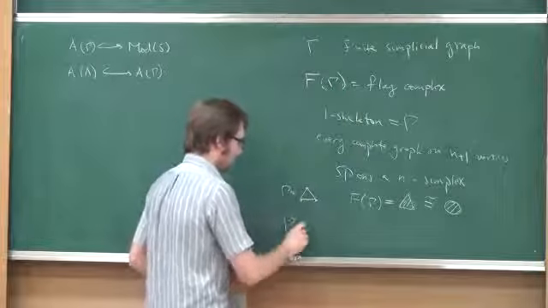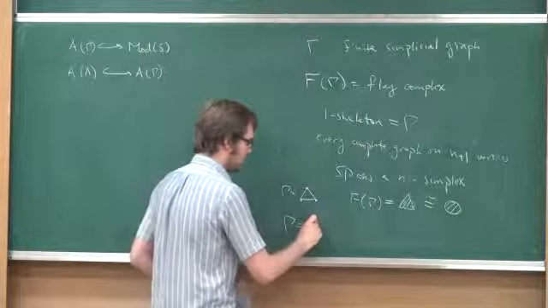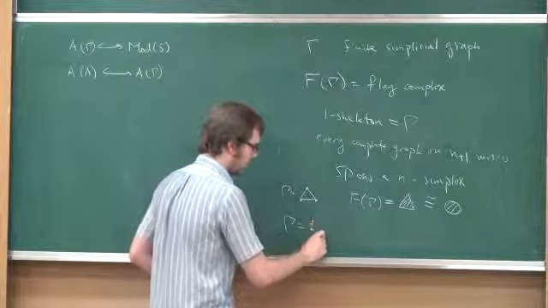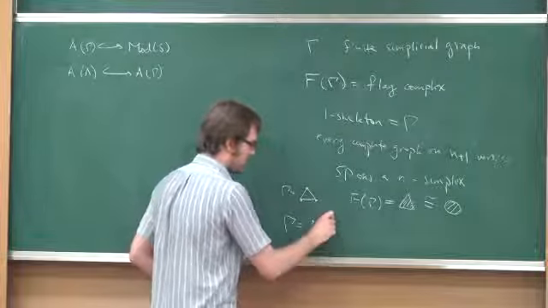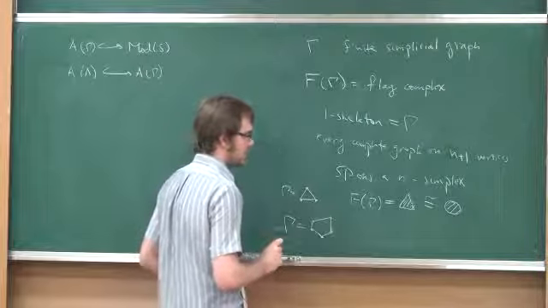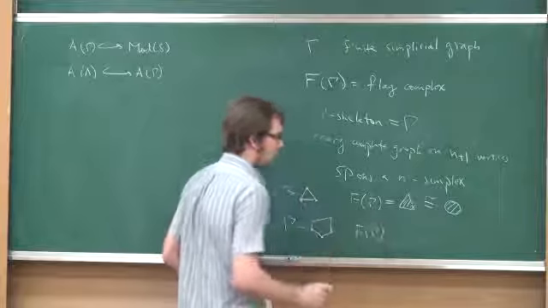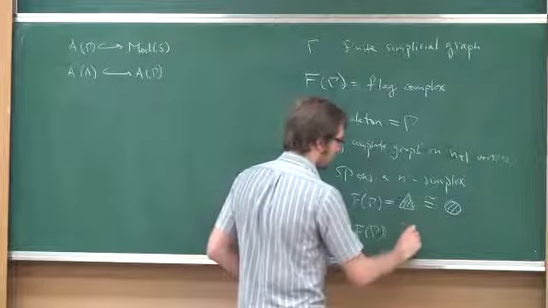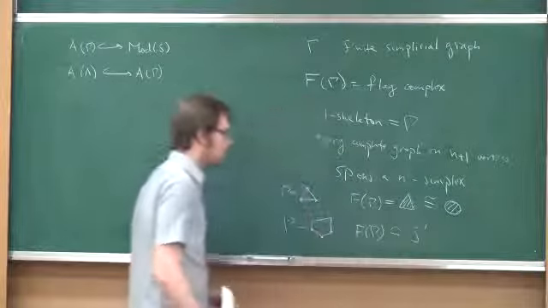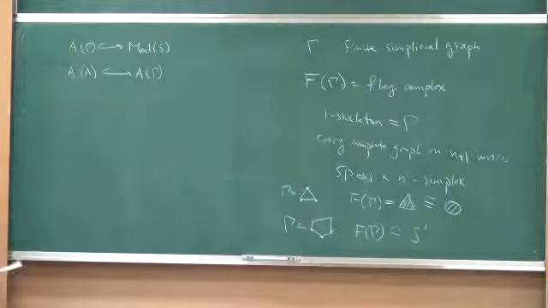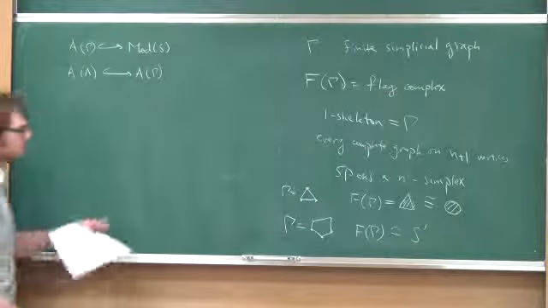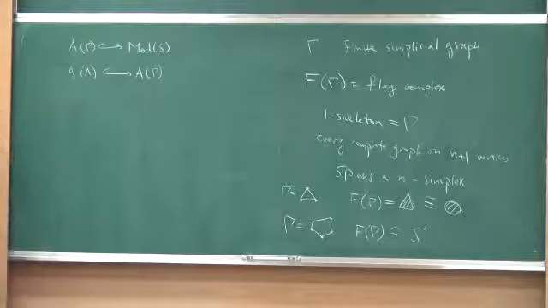Or if, say, gamma is a square, or say any n cycle with more than 3 vertices, then the flag complex on gamma is homeomorphic to S1. So now this will be a useful tool for us.